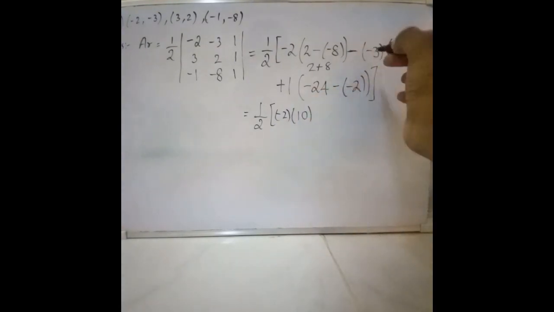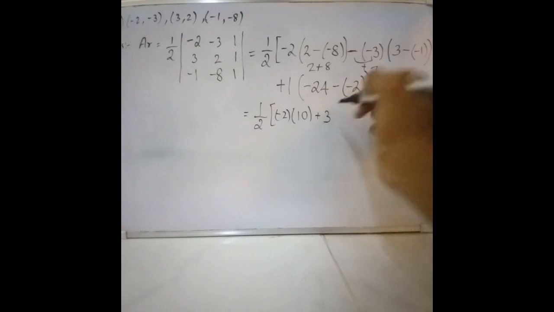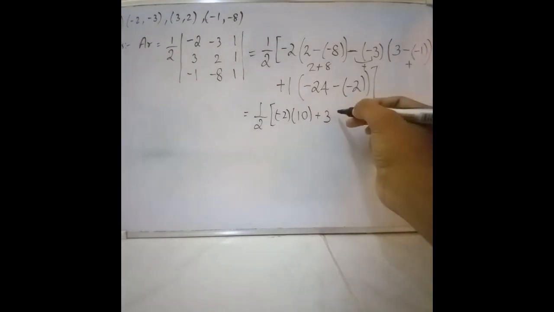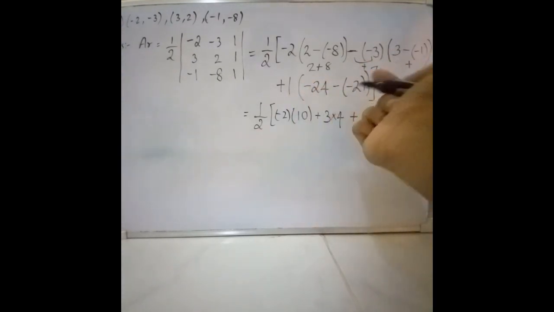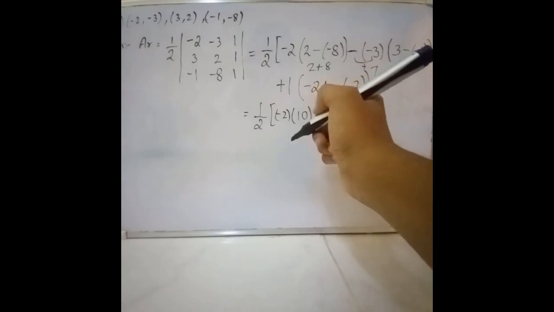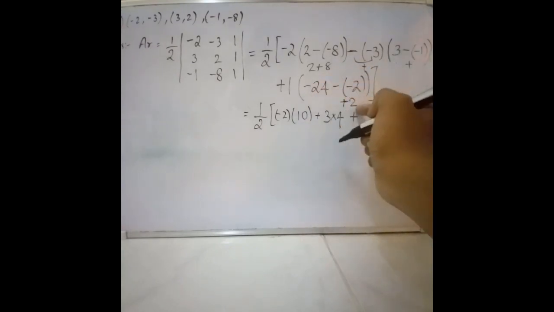Then -3 with the negative sign becomes +3, and 3 plus 1 would be 4, so 3 into 4, and 1 into anything is the number inside itself. So let's find the number inside: -24 minus -2 would be plus 2, so -24 plus 2 would be -22.